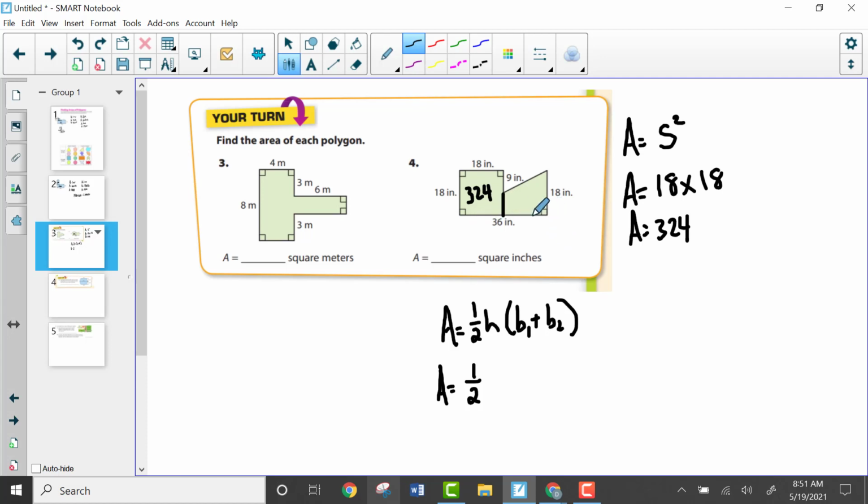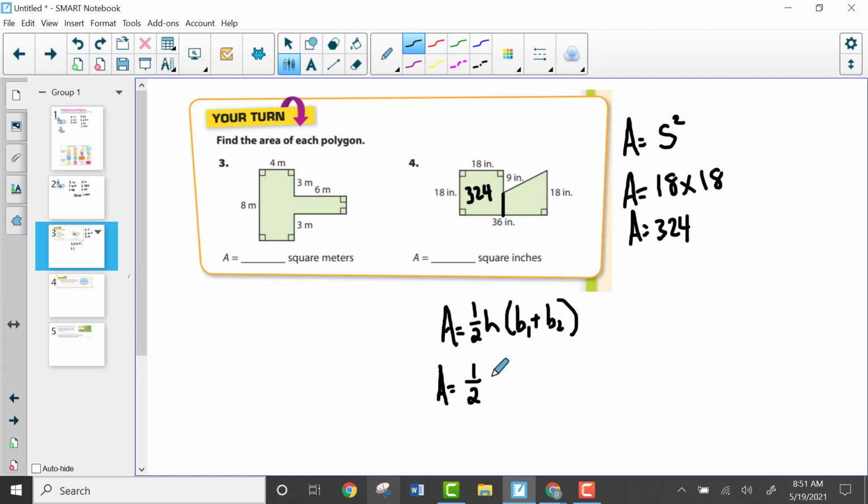Okay, so we can see the base here, then the height could be a little difficult there. However, what we do know is the square from this section to that section is 18 inches, and the total base of this polygon is 36 inches. So we just take 36 minus 18. So we can see the height is going to be 18.